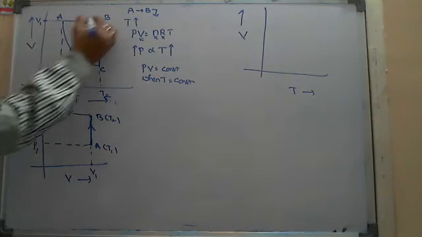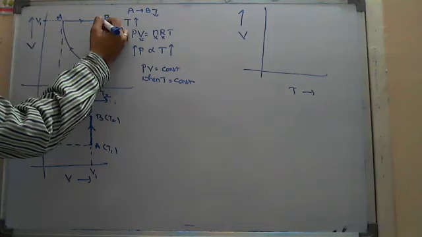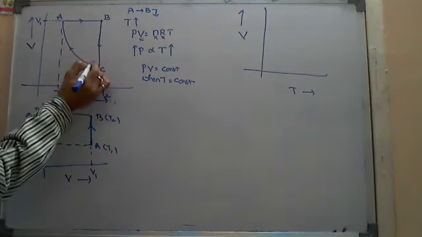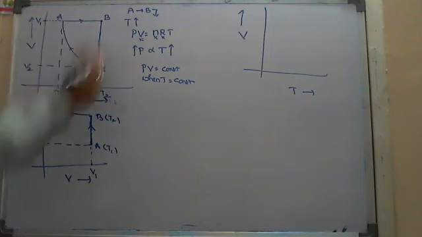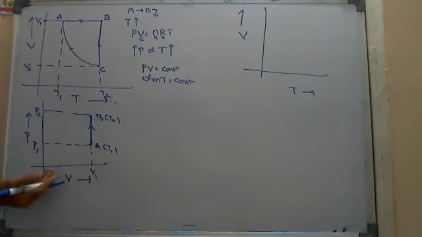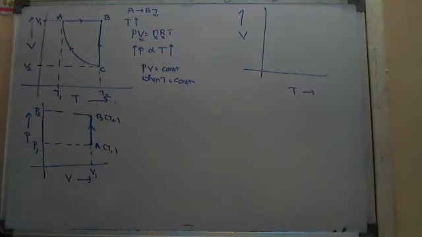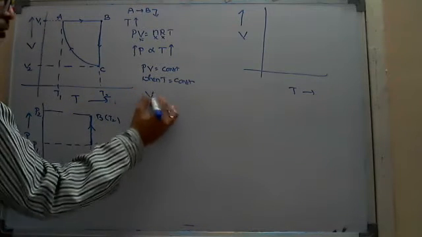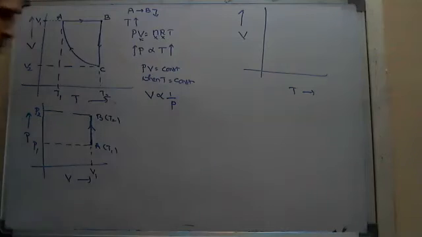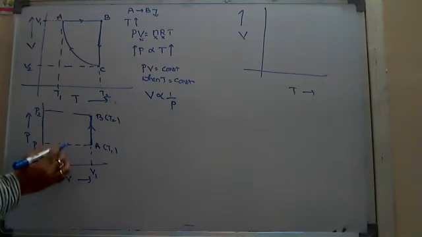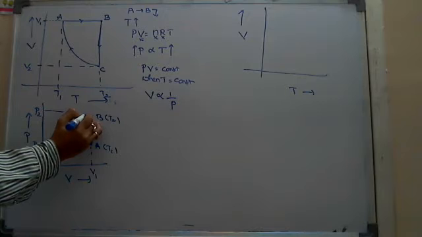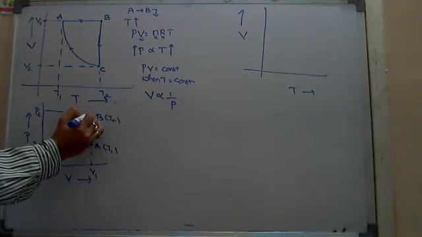The volume decreases from V1 to some value V2, so the graph should come to this side. How do you get the pressure? Simple. Volume is inversely proportional to pressure.